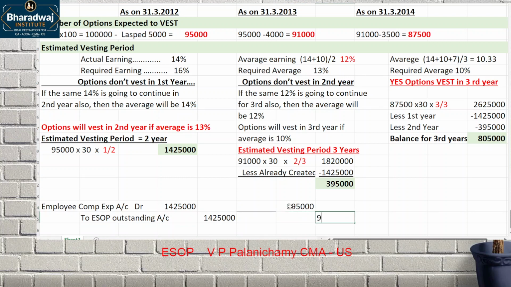In the examination, don't use columnar format for journal entry. Please pass the entry separately.